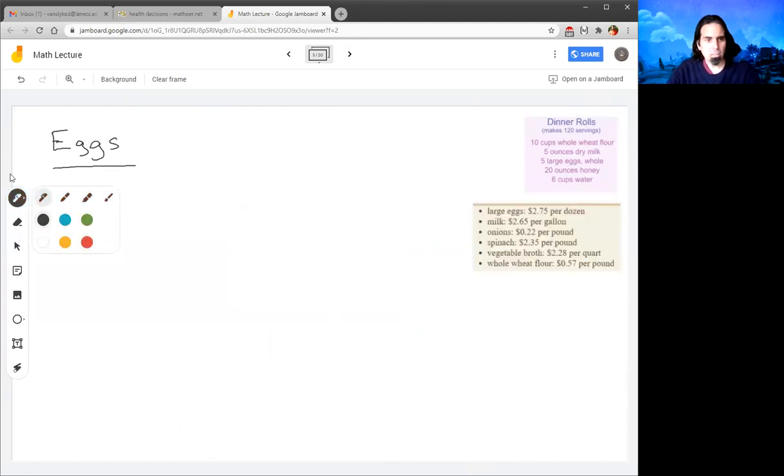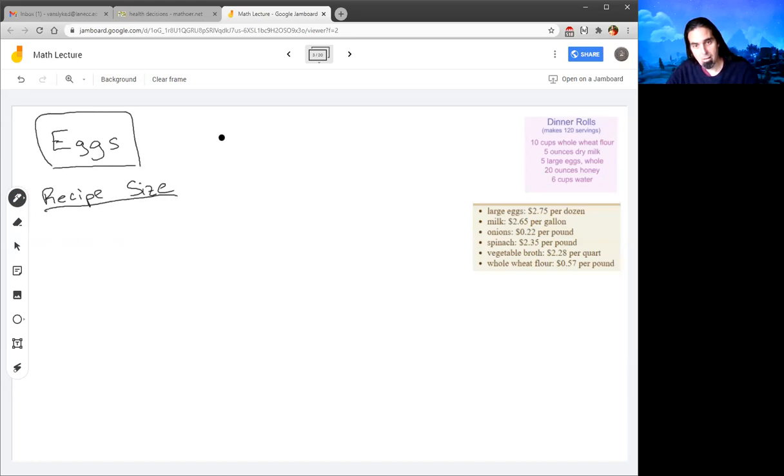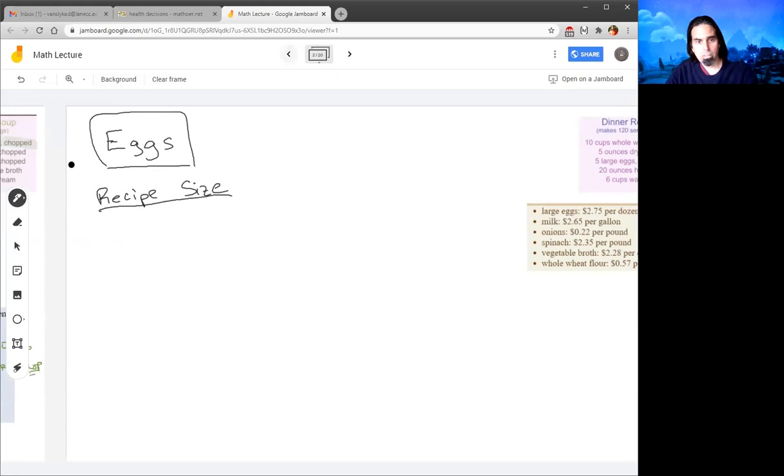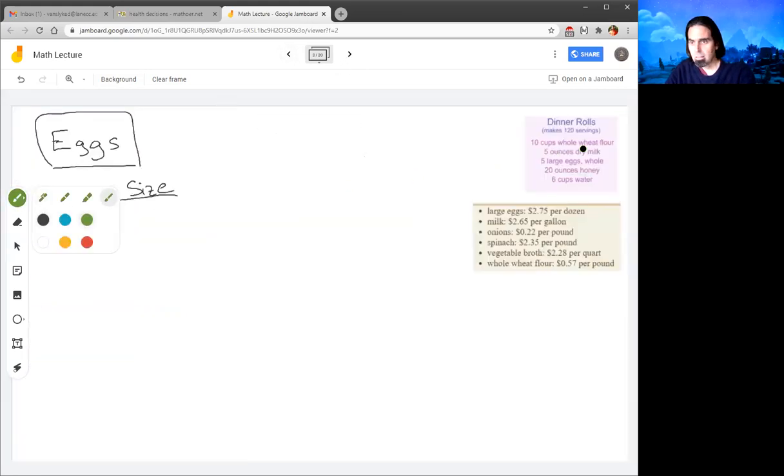Okay, it begins similarly, that we have our recipe size. What color did I highlight with? Green. So we need 5 large eggs. For 8, no, not 8 servings. Now we're at 120 servings.